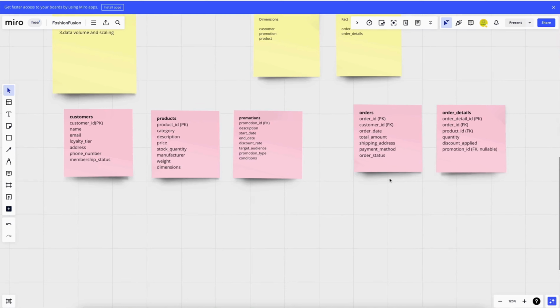So these are the three dimension tables and two fact tables we have identified here. And after coming up with these dimensions and fact tables, usually the interviewer will stop us at each and every stage, and they'll be asking a couple of more questions.